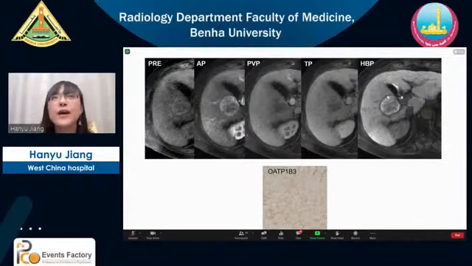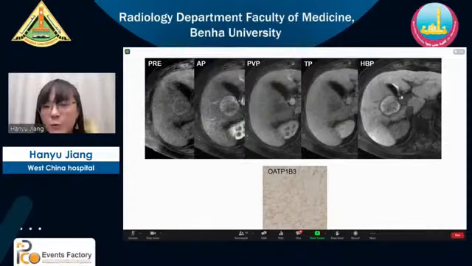Remember that we have said around 5 to 12% of HCCs can present with OATP1B3 overexpression, and those HCCs will be categorized as having HBP hyperintensity.